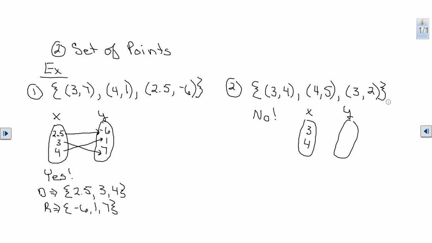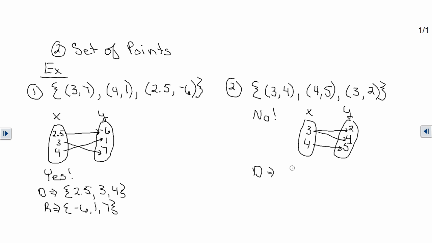My y's would be 2. 2 is the smallest y. 4, and then a 5. So this first point says 3 goes to 4, 4 goes to 5, and then 3 goes to 2 as well. So this 3 has 2 y's. This x has 2 y's. That's why it is not a function.